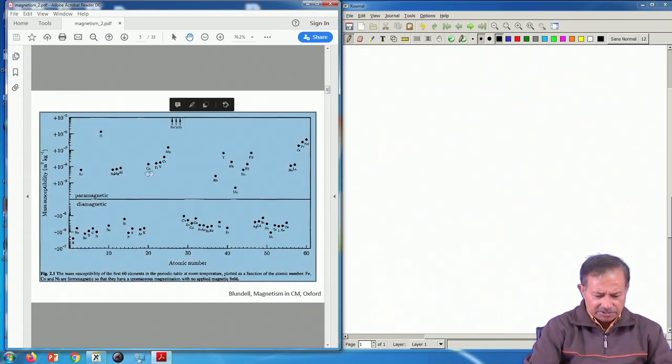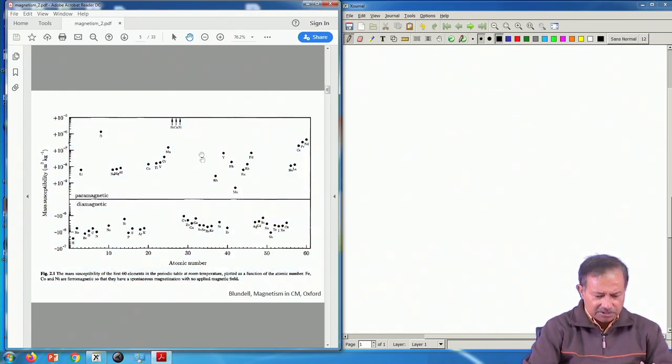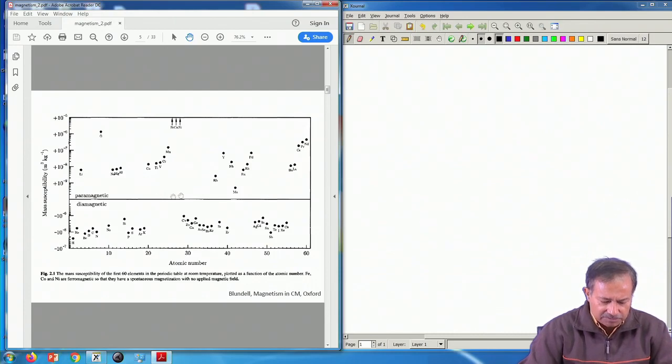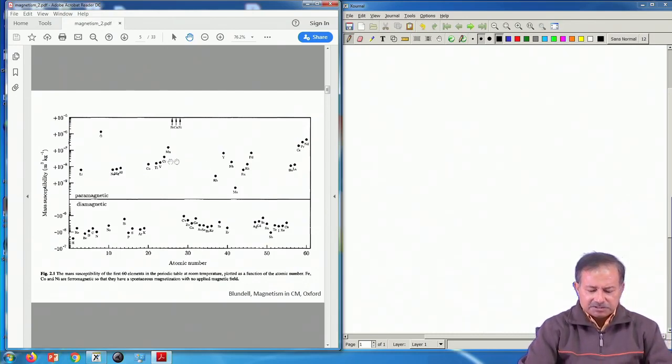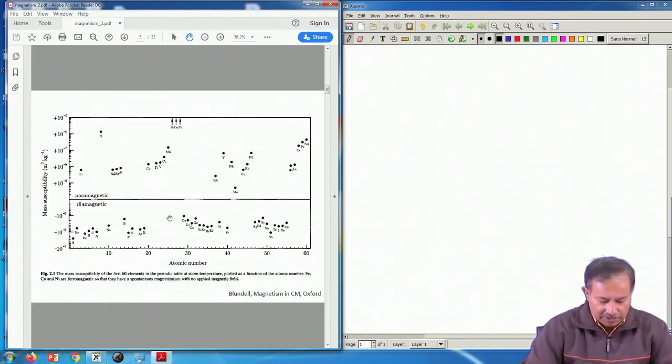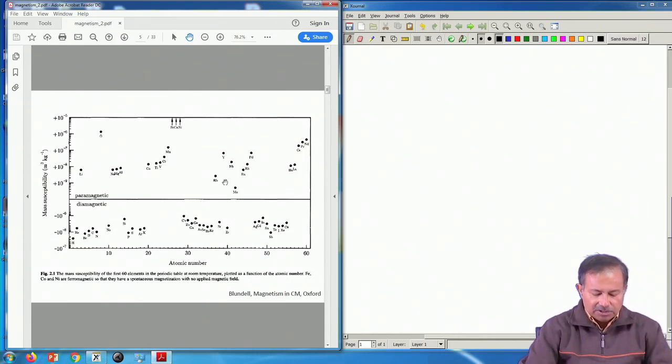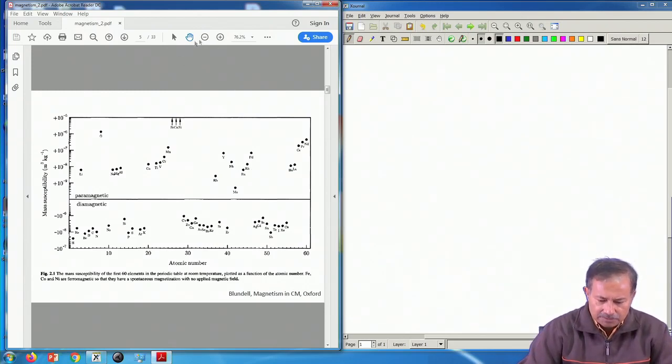But this is a very nice chart, which tells you that there are 60 elements in the periodic table whose mass susceptibility is plotted. And in many cases, as I said, theory agrees fairly well with the experiment.